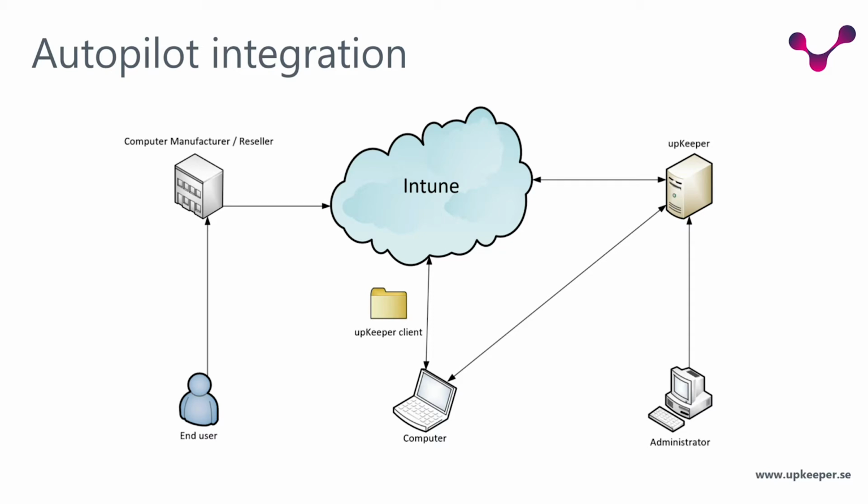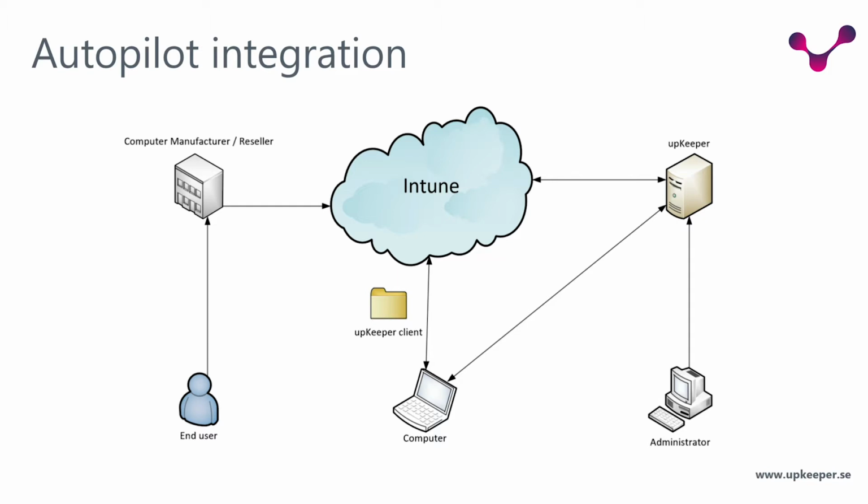So when the user gets the computer, they start it up and it will install as it's supposed to do. At the end of the session, the Upkeeper client will be installed, and when it is installed, it will start to communicate with the Upkeeper server.